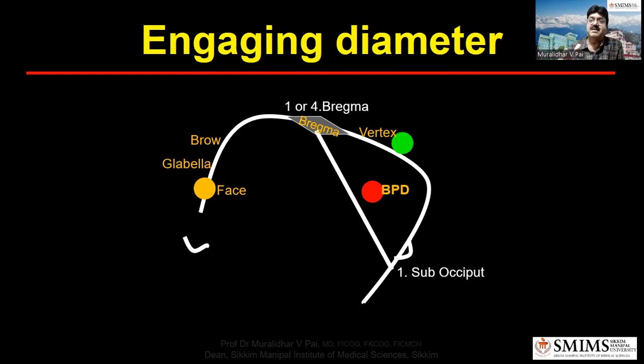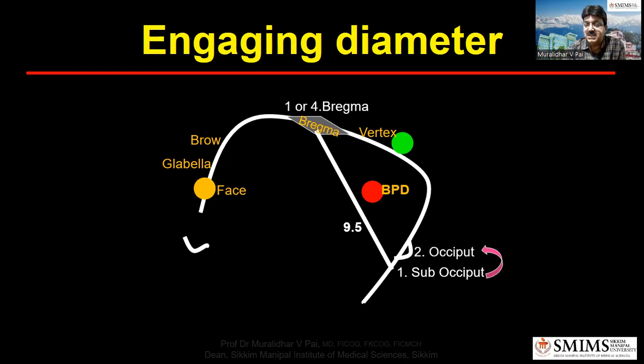But when the head enters, in the sagittal diameter at different levels, if you take a slice of the head at the suboccipito-bregmatic, that is the engaging diameter for the vertex. Then I move once, that is 9.5 centimeters. That's why students get confused. Suboccipito-bregmatic is also 9.5 centimeters and BPD is also 9.5 centimeters. There's one more 9.5 centimeters. That's why I just now clarified.